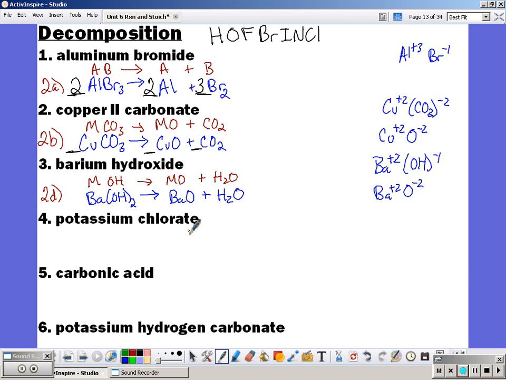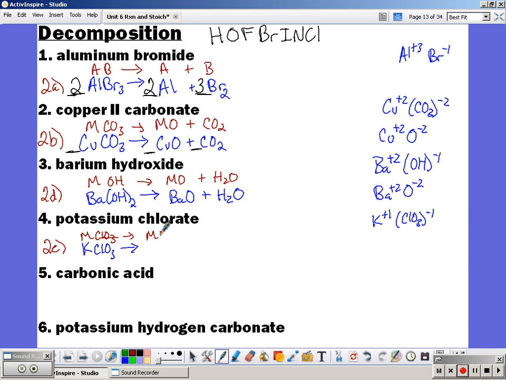Potassium chlorate. Potassium is K +1, chlorate is ClO3 -1, cross your charges, KClO3. So in my reference table, I'm going to follow along with the metallic chlorates, which would be 2E. MClO3 decomposes into MCl plus O2.